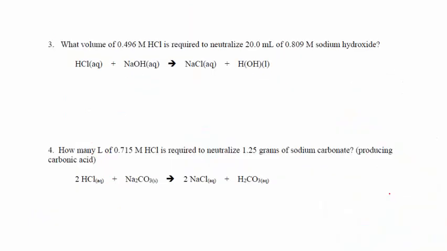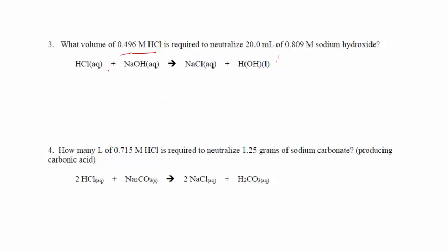So here's something that's a little more like what we were doing in the acid experiment. So here we have 0.496 moles per liter of HCl and 0.0200 liters, or 20 milliliters, of 0.809 moles per liter NaOH. So we can set up the same type of problem.